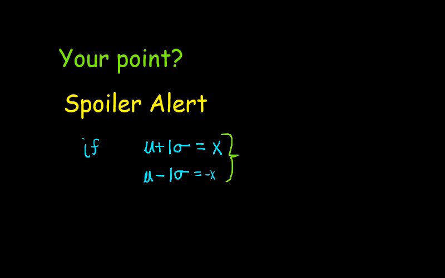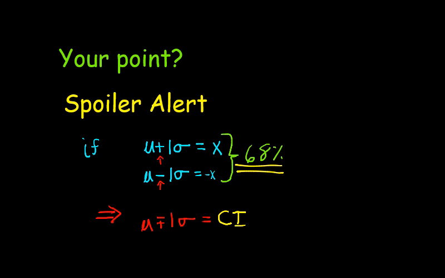Well, if this contains 68% of the curve, well, wait a minute, between 2 values, approximately 68%, we could simplify this down to one equation. Because we have a plus or minus. So it's the mean plus or minus one standard deviation. Wait a minute. Those two values give us something we covered before. What was that? Confidence intervals.